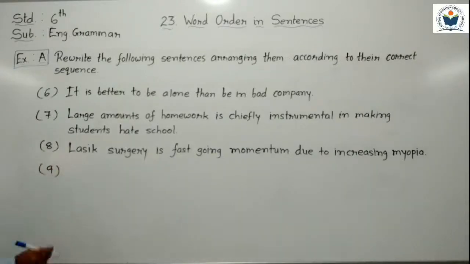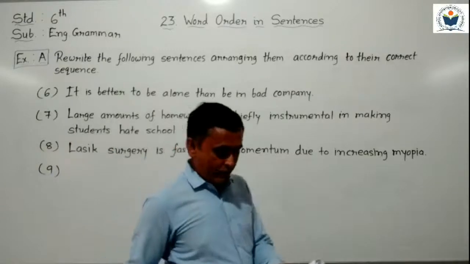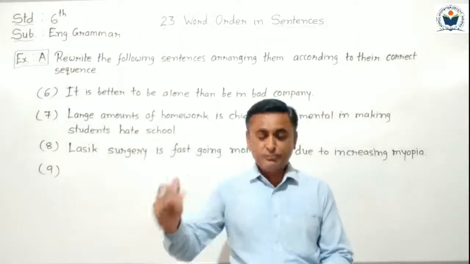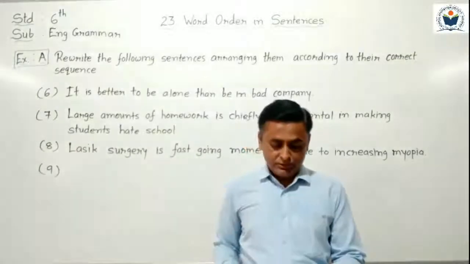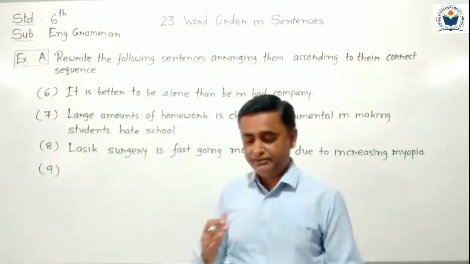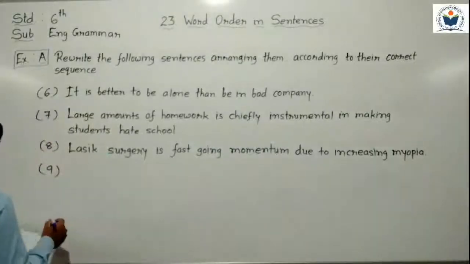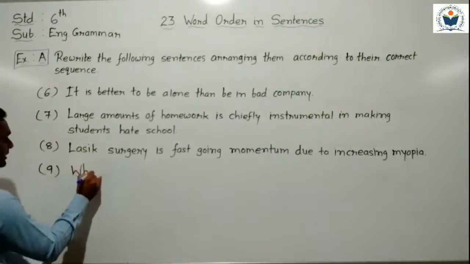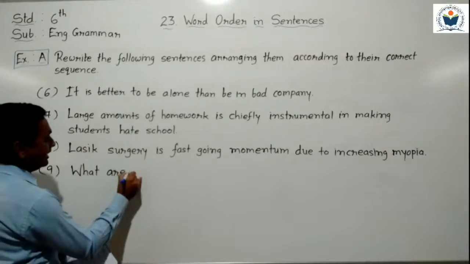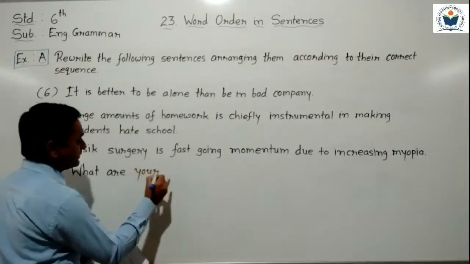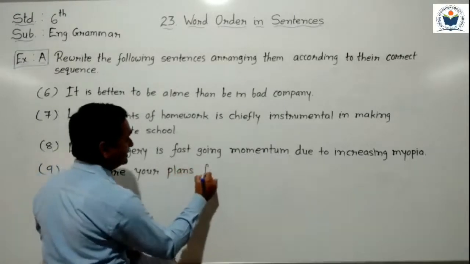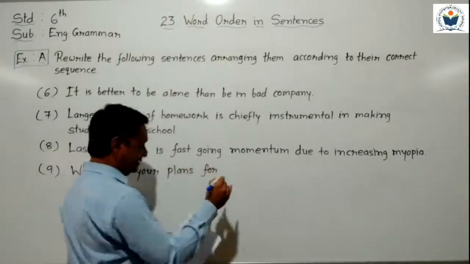Now, sentence number 9. Are your what tomorrow plans for? So here, what is given here? This question word is given here. We have to put it at the starting point. So what has happened now? What are your plans for tomorrow?